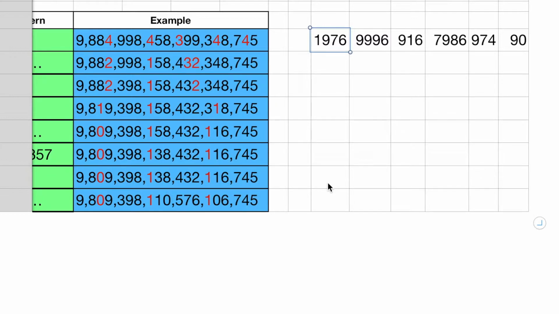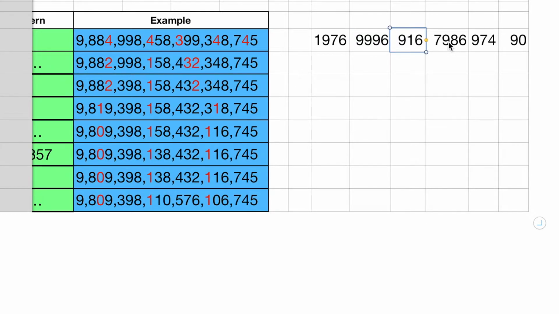Let me work out for 2 and 3. So the first part here is 988. So 988 times 2 is 1976. The second part here is 4998. 4998 times 2 is 9996. Third part is 458. 458 times 2 is 916.